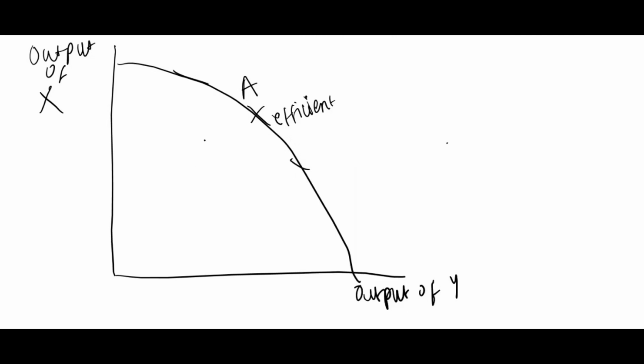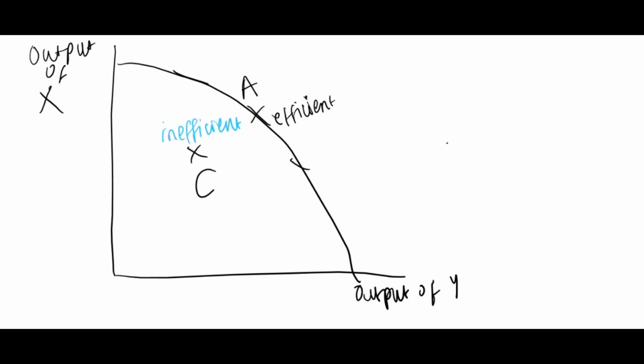We've got point C here. What do you think point C means? Point C means that you're not using all of your factors of production to produce the maximum possible. Well done. Yeah, it's inefficient. We're not at our full productive potential.